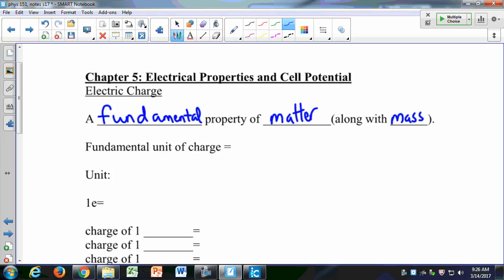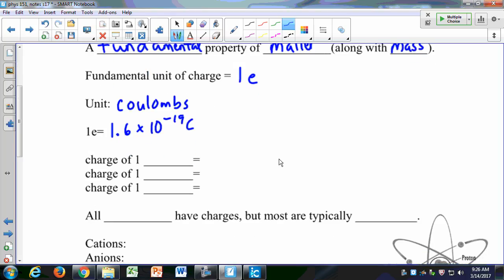The fundamental unit of charge, which we call 1e, has a unit of coulombs. And 1e has a value equal to 1.6 times 10 to the minus 19 coulombs. This is the charge of an electron and a proton.